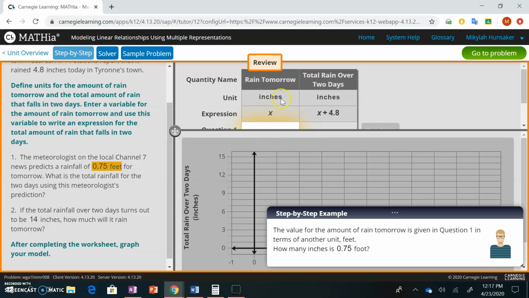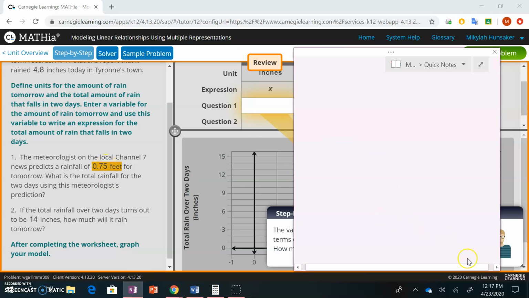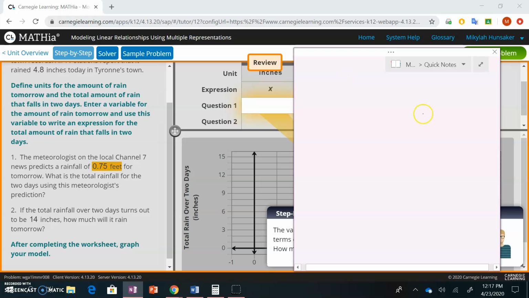So how many inches are in 0.75 feet? If I've got my scratch pad out here, let me get the typing up really quickly. Draw this one. Okay.